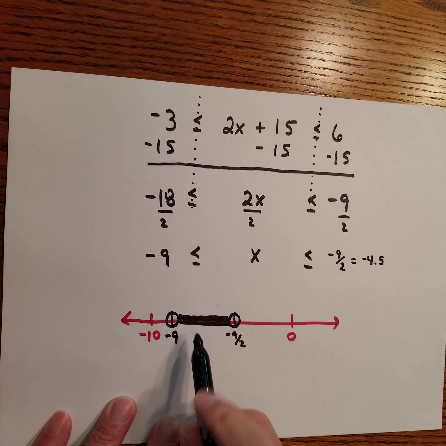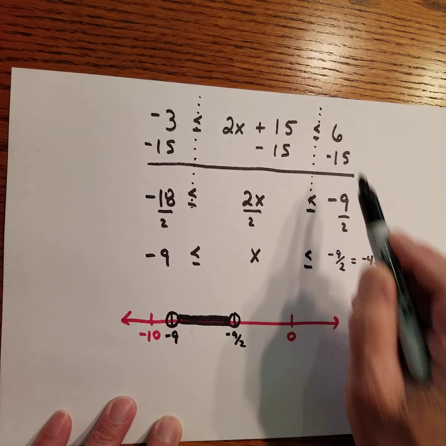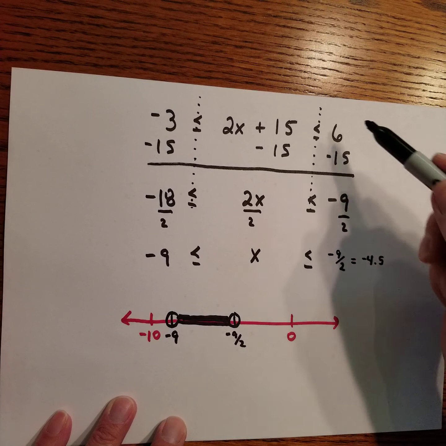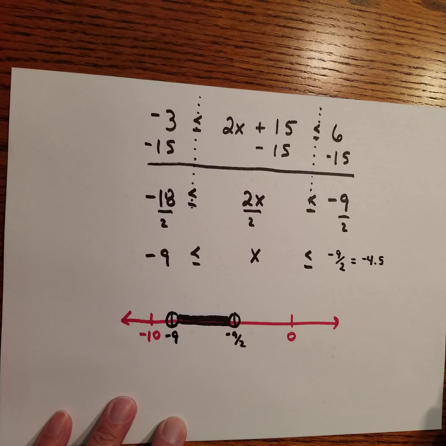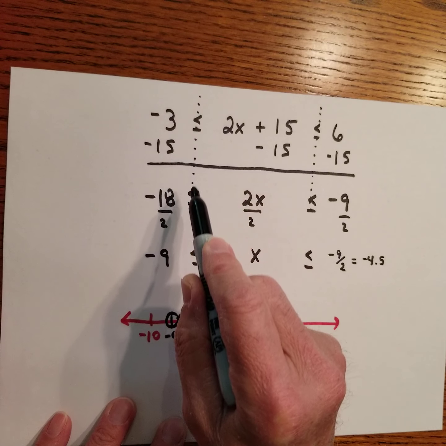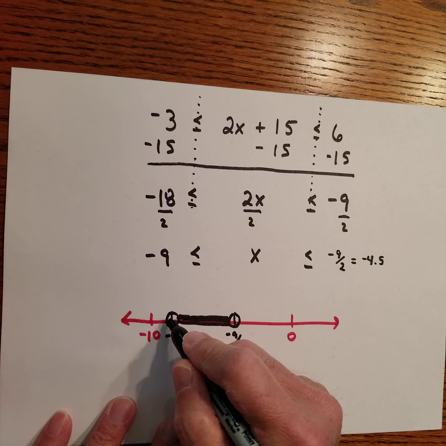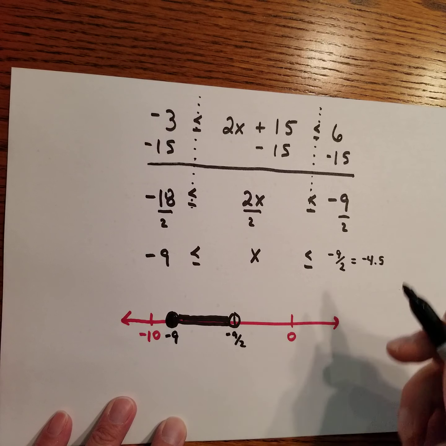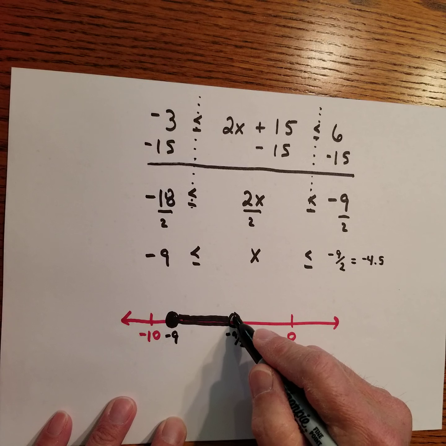Numbers that are in here, if I plug them back into my original inequality, would satisfy that inequality. Now, I shouldn't forget, I have an equal bar, so I color in the dot. An equal bar on this side, color in the dot.